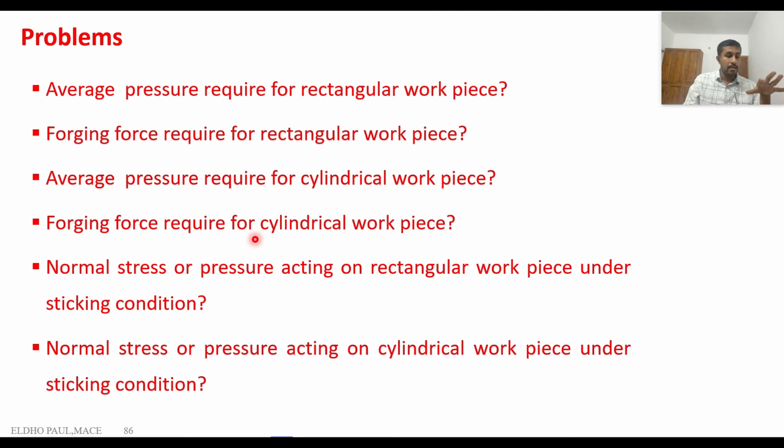So there may be problems in these three areas: calculating the average pressure and forging load, the average pressure or forging force in the cylindrical workpiece, the normal pressure distribution in the rectangular workpiece with the sticking condition, and the cylindrical workpiece with the sticking condition. These are the different types of problems that may be asked in the exam.